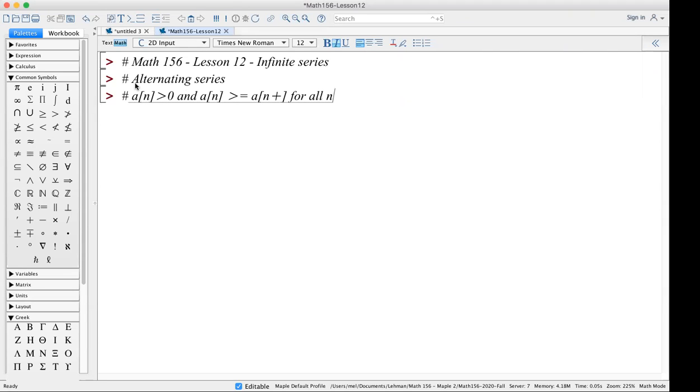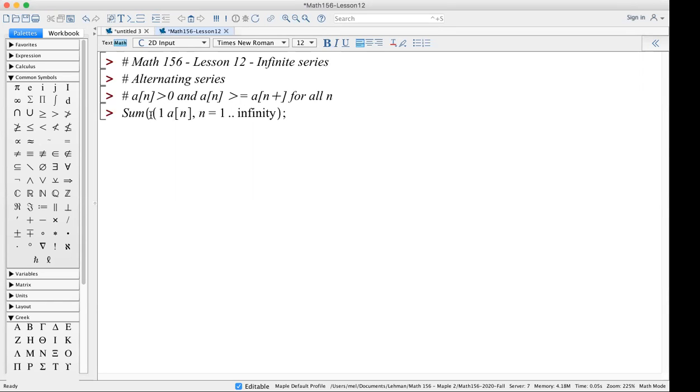And a series looks like the following. Sum, let's say n goes from 1 to infinity, of an. But we're not just summing the numbers, they have to alternate in sign.